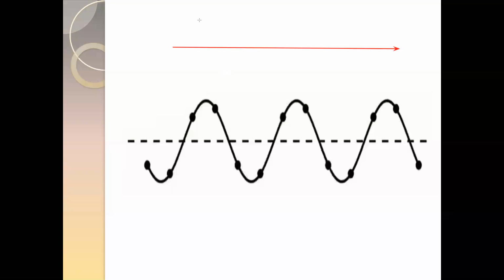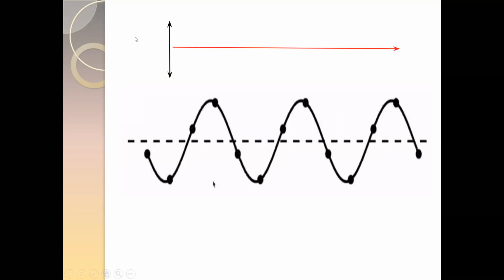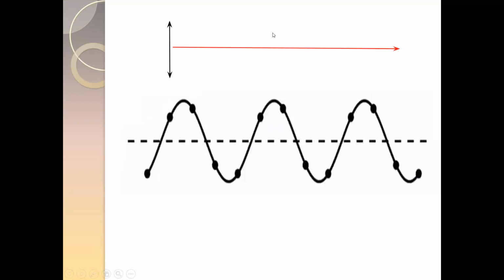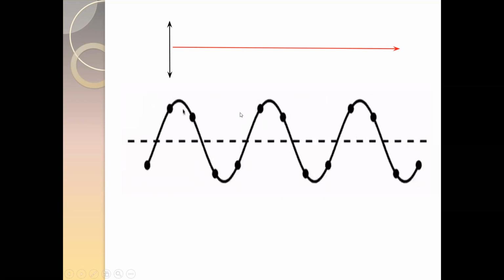What is the direction of the particle? The motion of the particle is up and down. So the direction of the wave and the direction of the particle are 90 degrees, and we call this kind of wave a transverse wave. Is it clear?